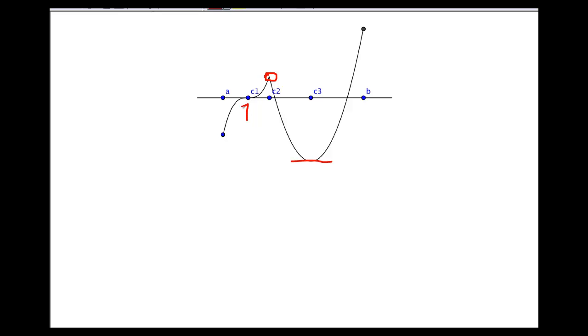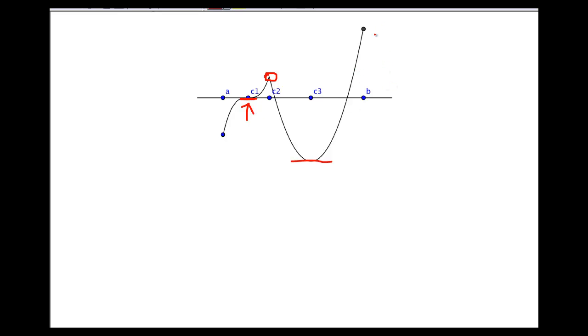Here's a critical number c1 in my graph, where the derivative is 0. The tangent line is horizontal, you can see that, but c1 is not a local max or a local minimum.